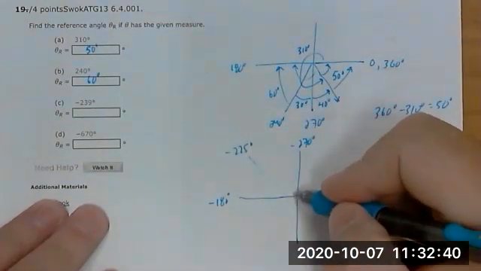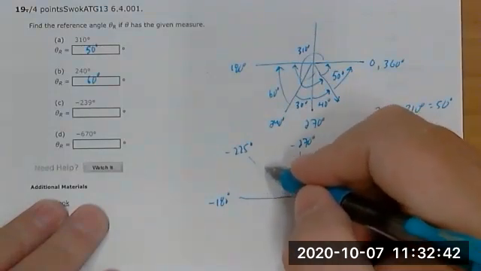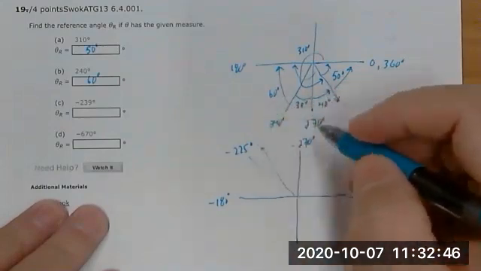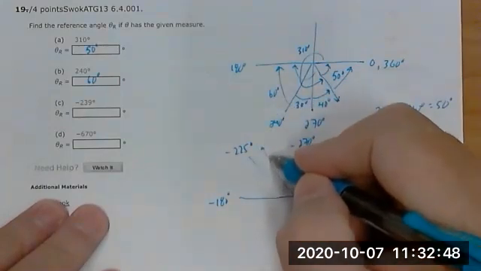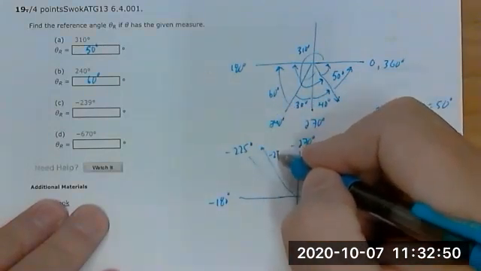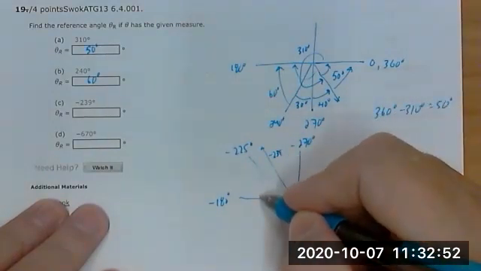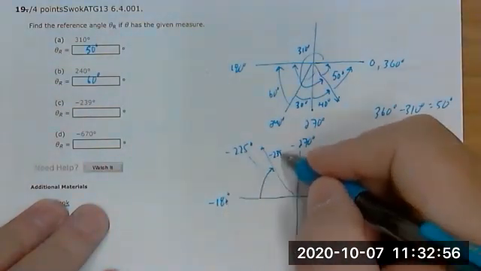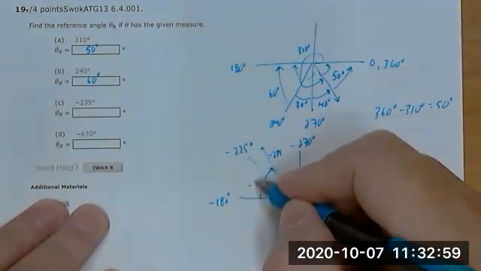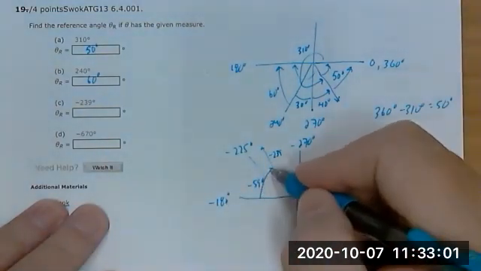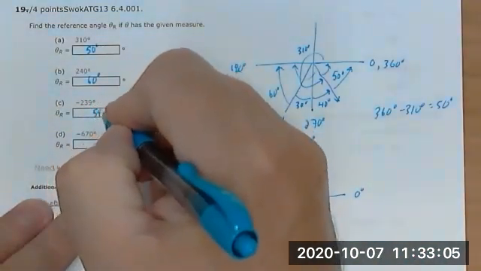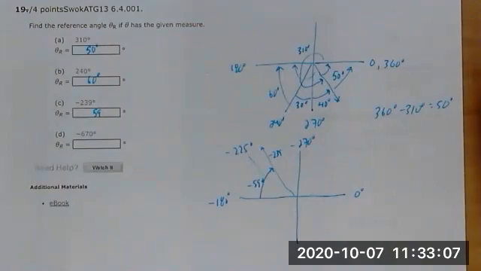So negative 239 is maybe from here to here, from negative 180 to negative 239, it's like negative 59 degrees. And this is actually my reference angle, which I just call 59 degrees.